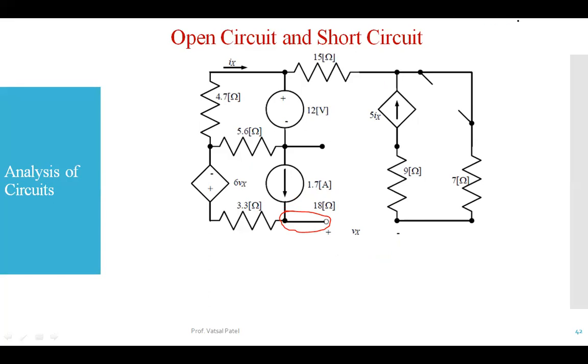Now you can see over here, as I told you, the current will select the path having the lowest resistance value. So if all the current passes through that short wire connected across the 22 ohm resistance, is there any requirement of that 22 ohm resistance now?